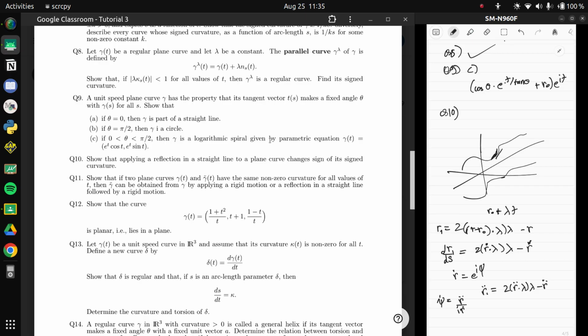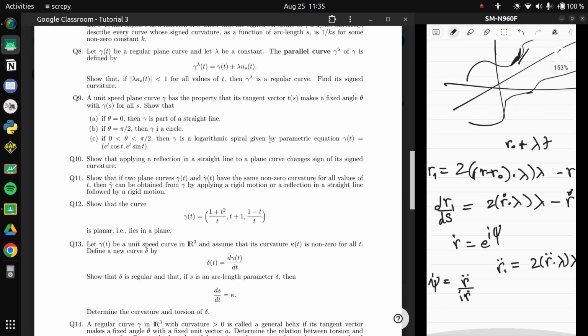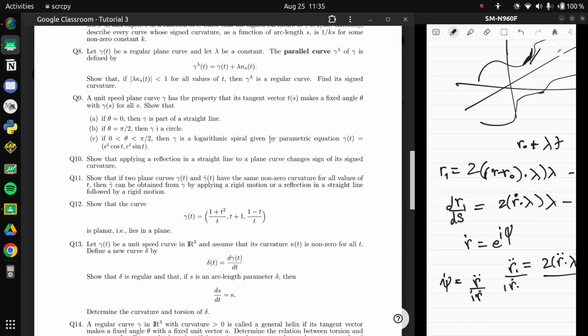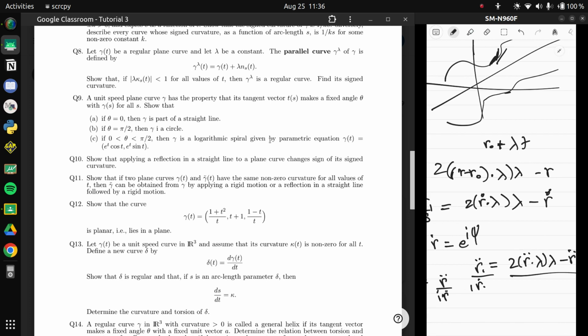Sure. So what we are interested in finding is r1 double dot upon r1 dot, so an iota over there. And you can certainly put stuff like that over there, right?